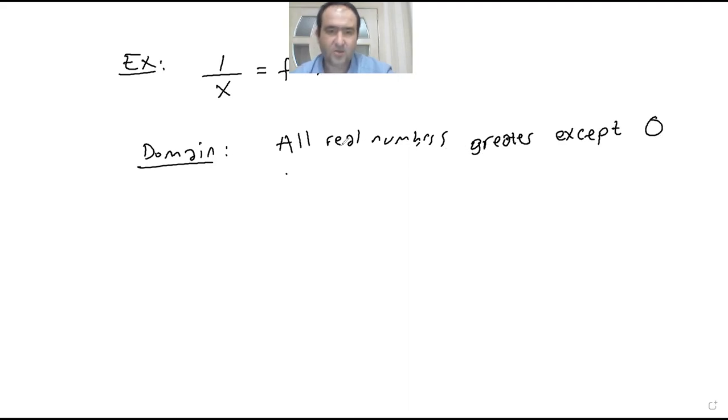The denominator of the fraction can't be 0. 1 over 0 is undefined, so all real numbers except 0. As x takes on different values, it's impossible for f(x) to be 0.